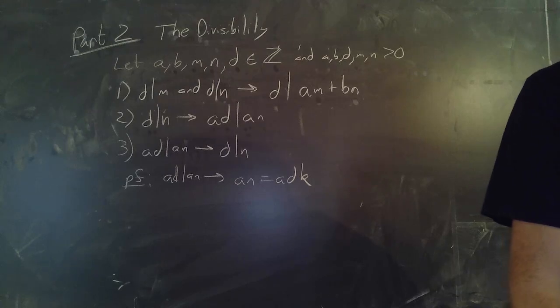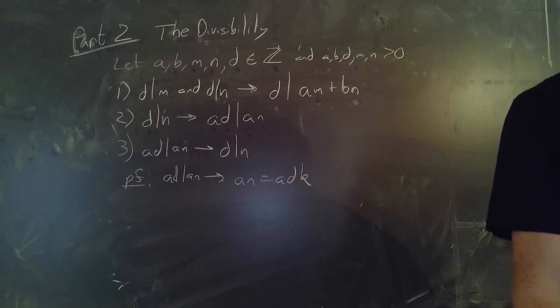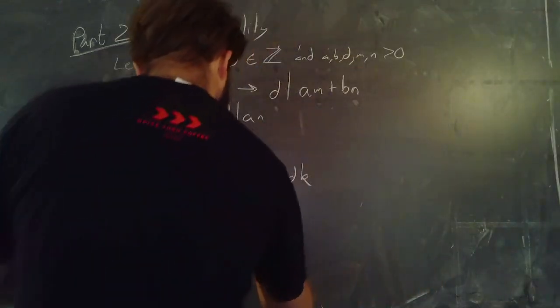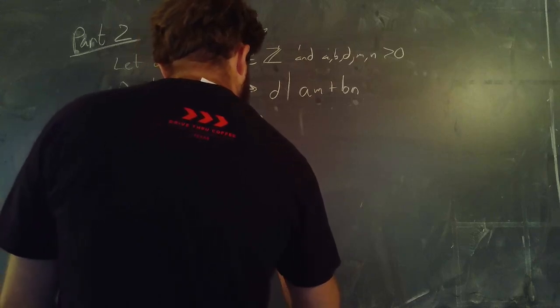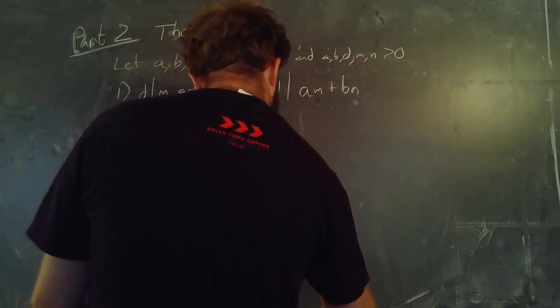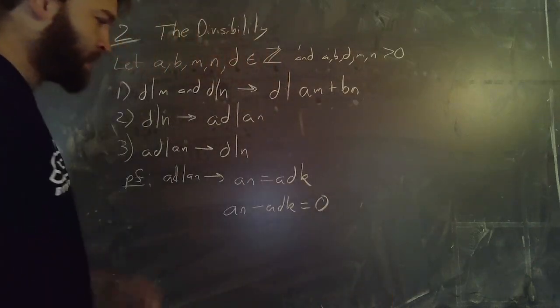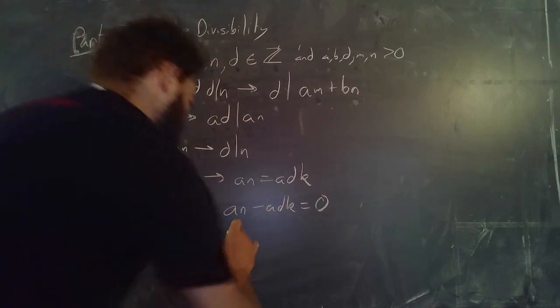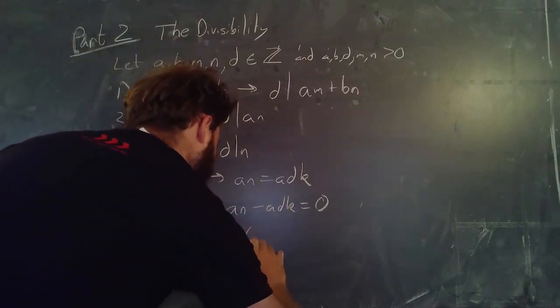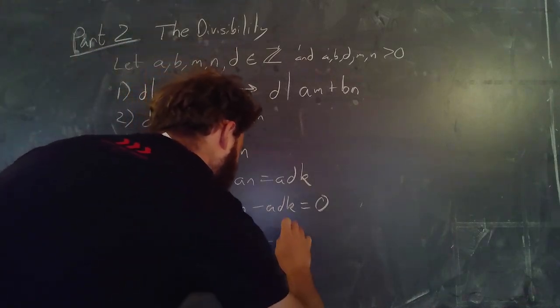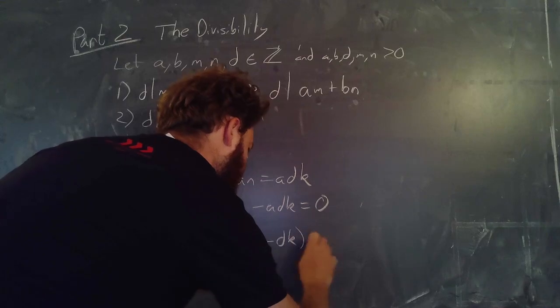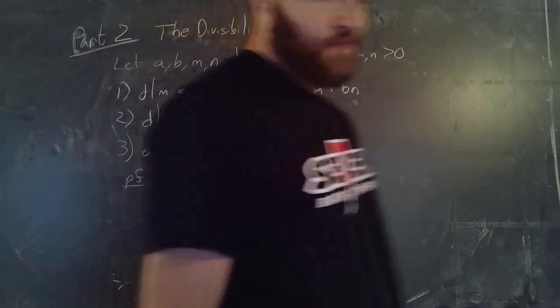Now, furthermore, notice that we can subtract the k times ad from the right-hand side to get an minus adk equal to 0. And again, we can factor here: a times (n minus dk), which is equal to 0.